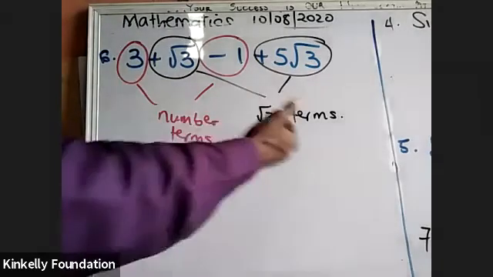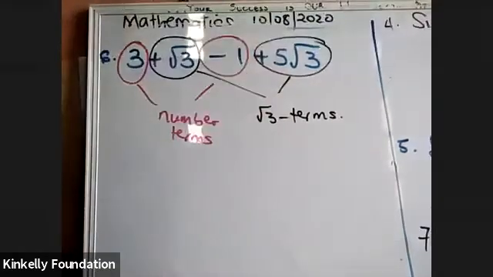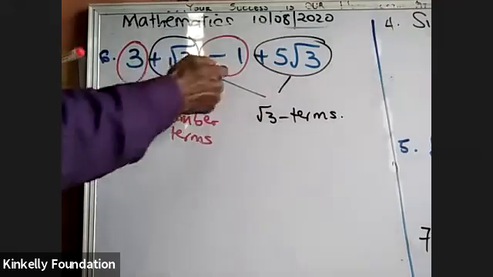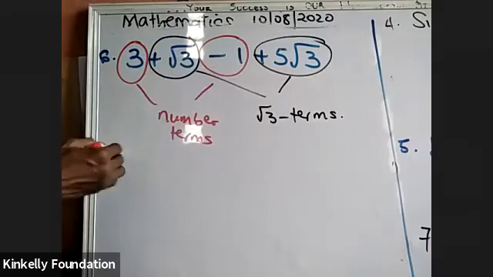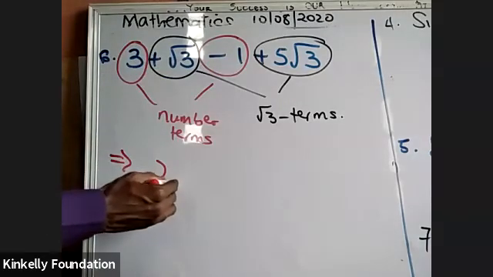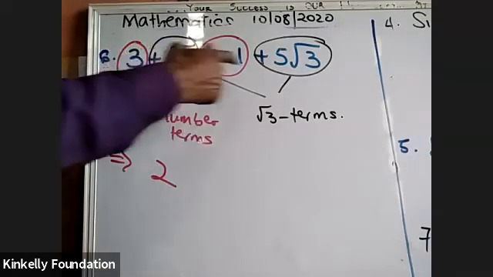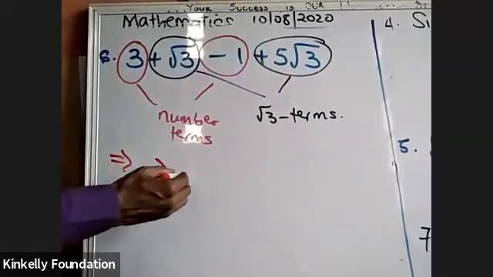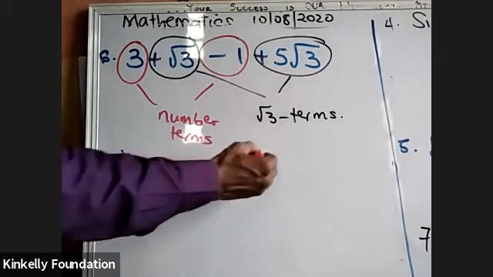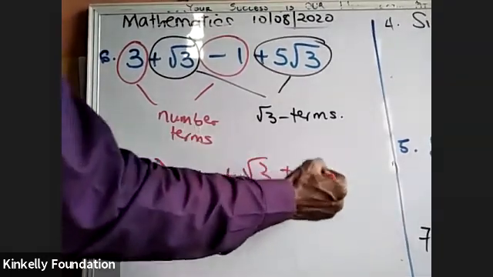So you don't add all of them together. Number terms, we add numbers. This is 3 minus 1 to give us 2. This one plus this one. What is here? 3 minus 1 plus root 3 plus 5 root 3.